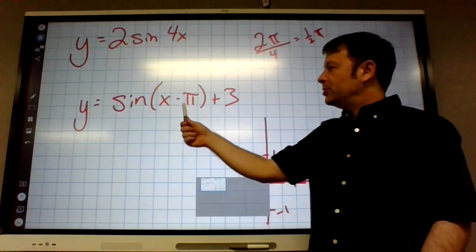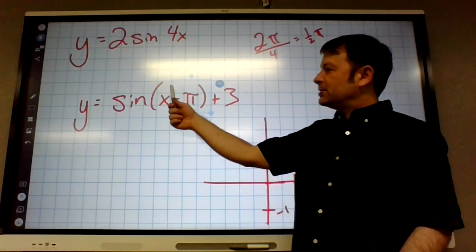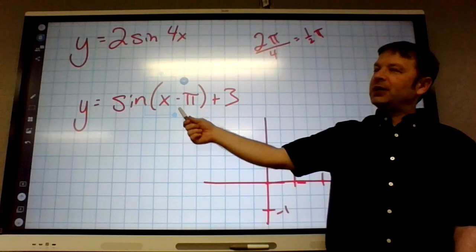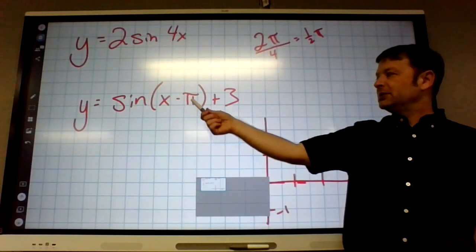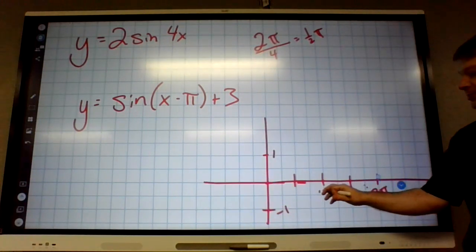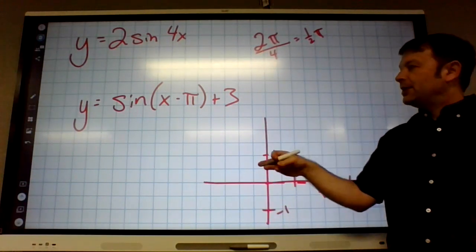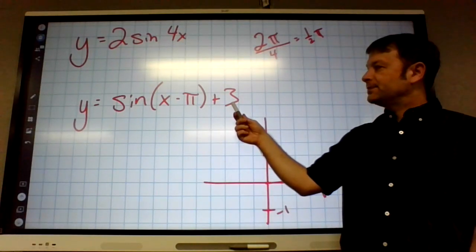Okay, what does it do when there's pluses and minuses here? When there's something directly on the x, it affects the x motion. This would move the graph right pi. So in this case, if this was 2 pi, this would be like pi. And this would move the graph up 3.